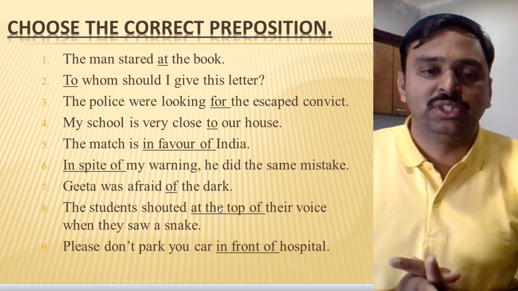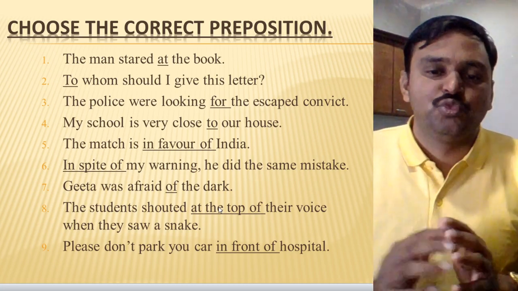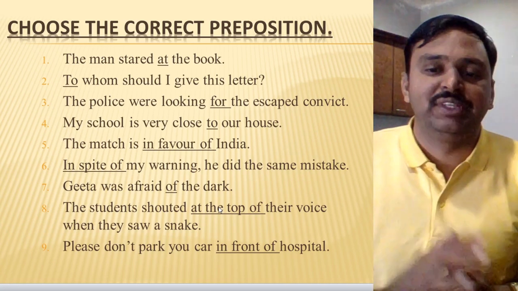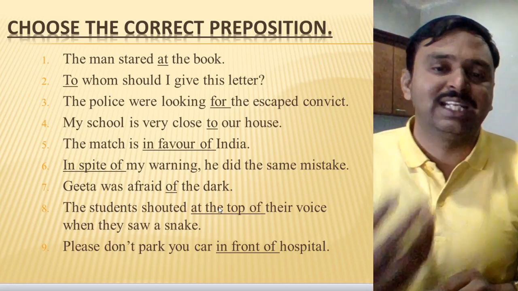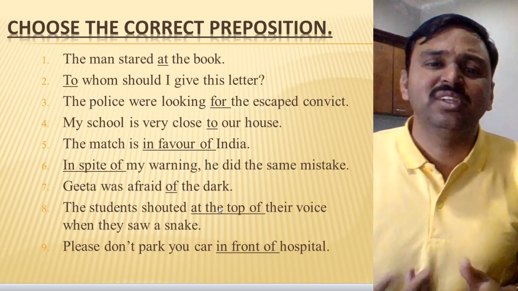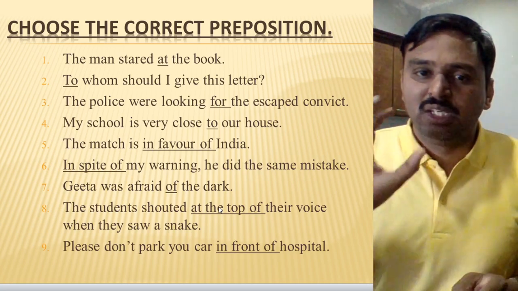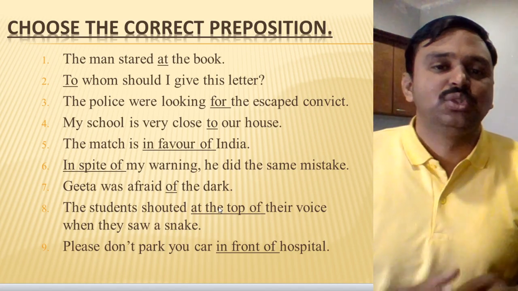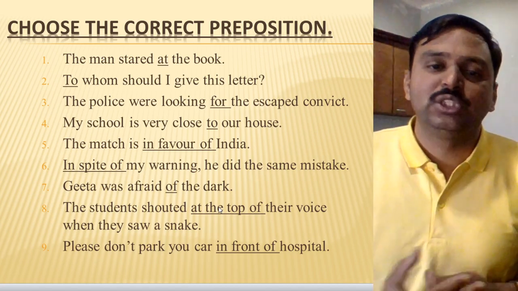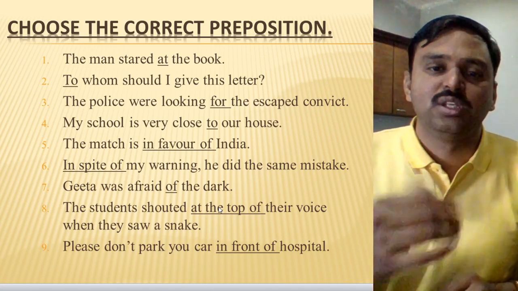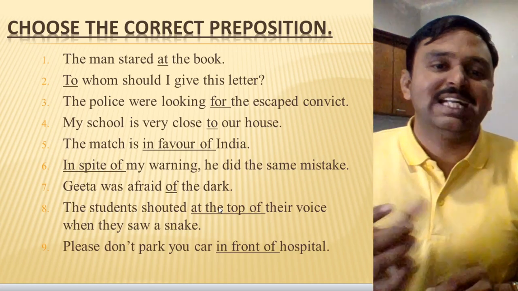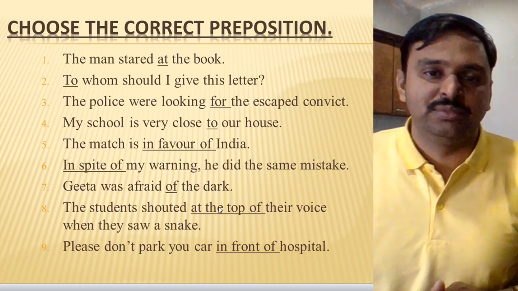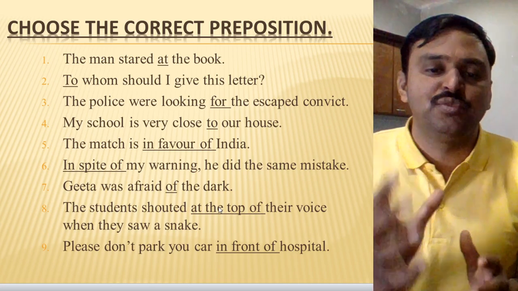Look at the third question. The police were looking for the escaped convict. Convict can be a prisoner, a criminal we can say. Escaped means who has run away from the jail. So they were looking for. Looking for is also a phrase. Whenever the word looking is used, 'for' is basically attached to the verb looking.